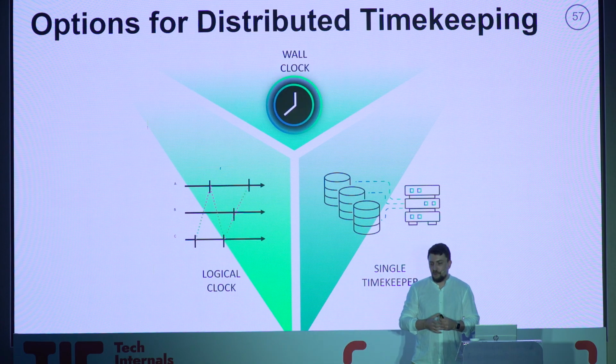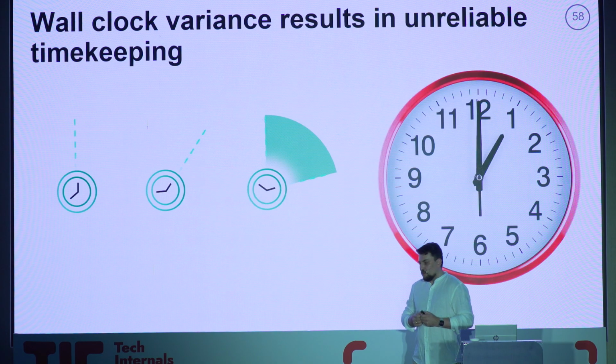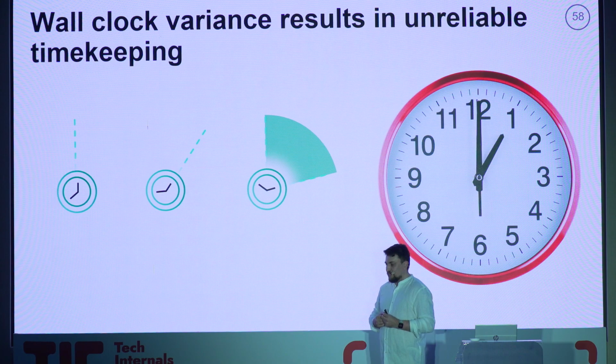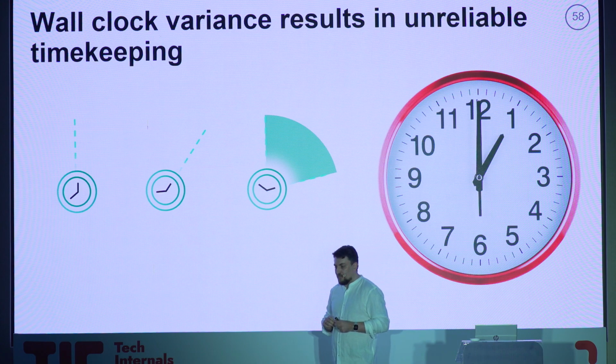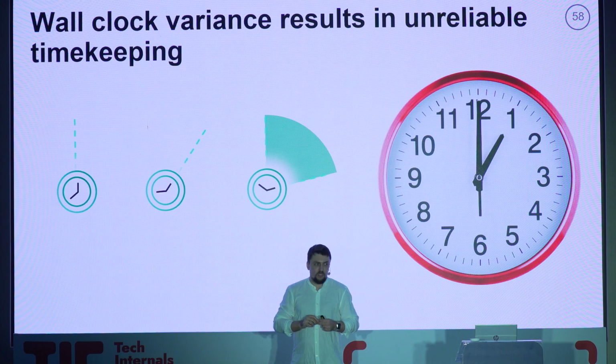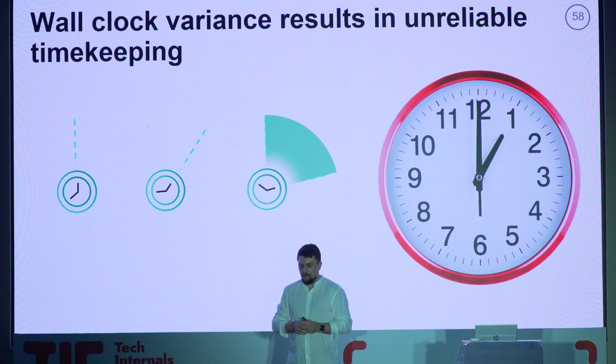And we are super lucky that we have the third option: clock, time. But if you've never looked in detail at how to synchronize multiple servers and make sure you have the same time on different instances, it can be a really challenging task.